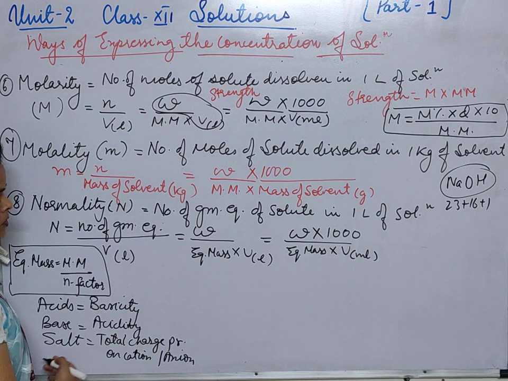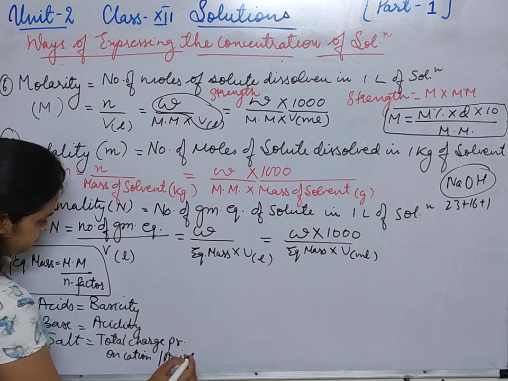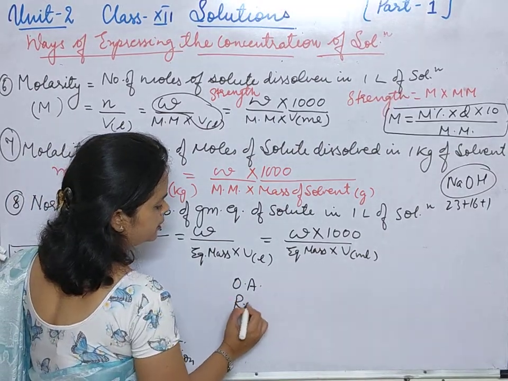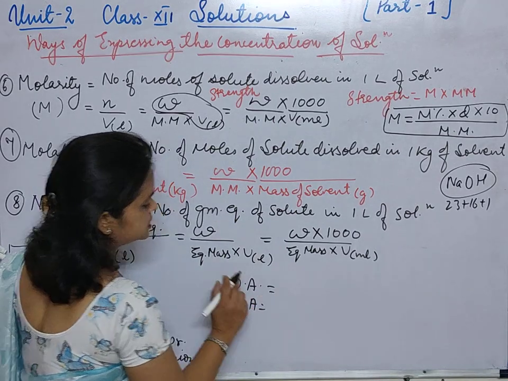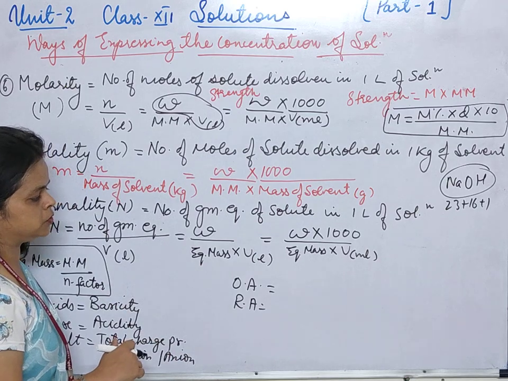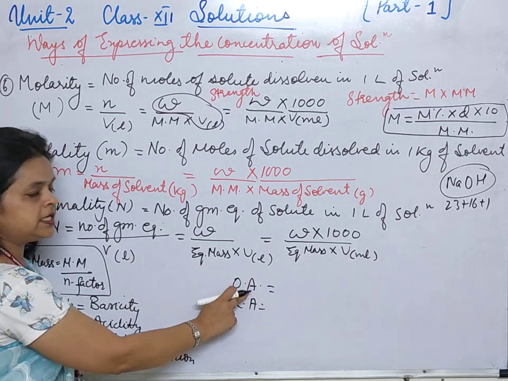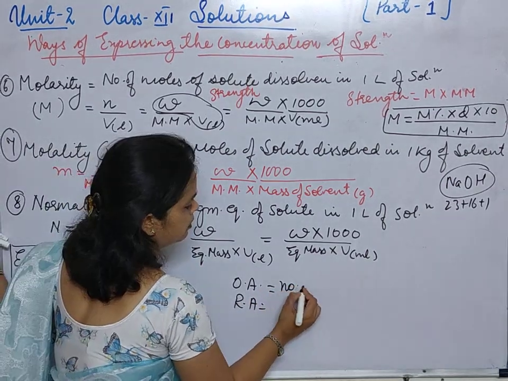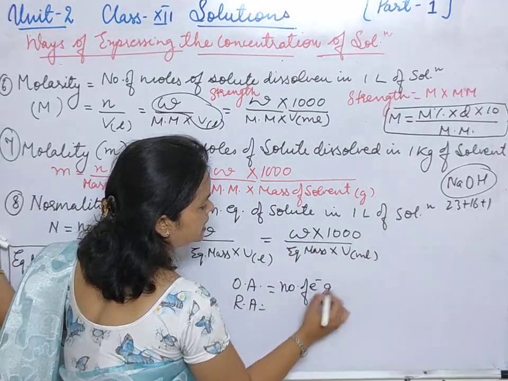If you are talking about the oxidizing agent or reducing agent, what is an oxidizing agent? Which undergoes reduction. What is reduction? Gain of electrons. So how many electrons do oxidizing agents gain? So number of electrons gained.